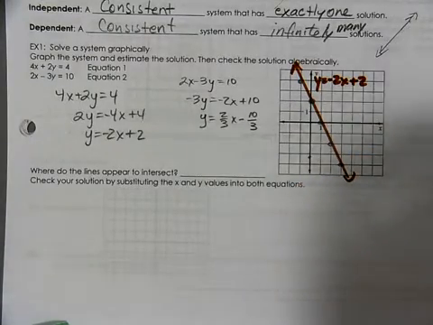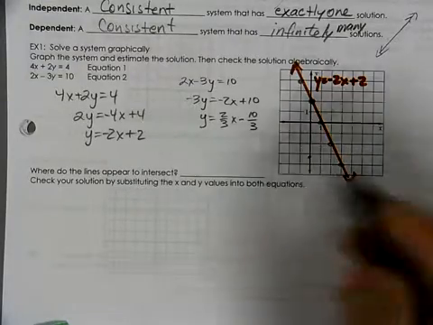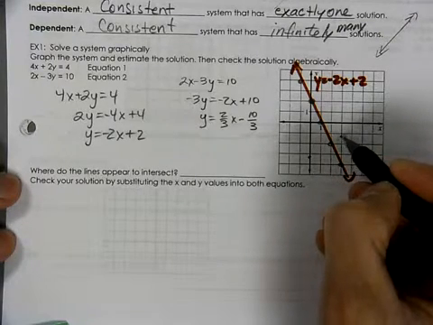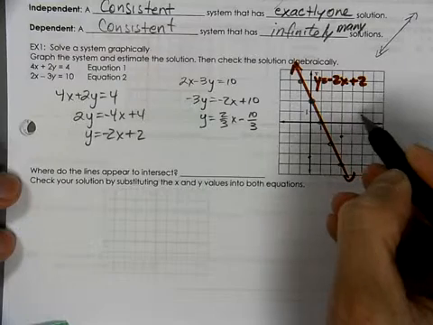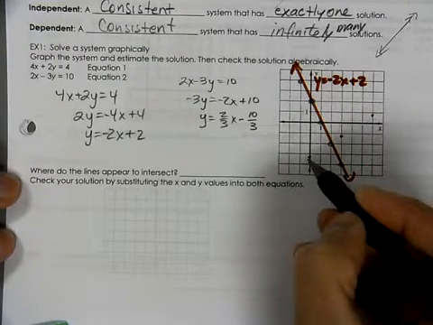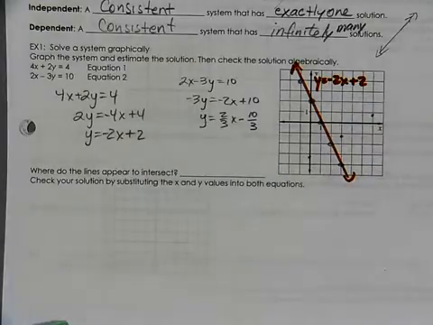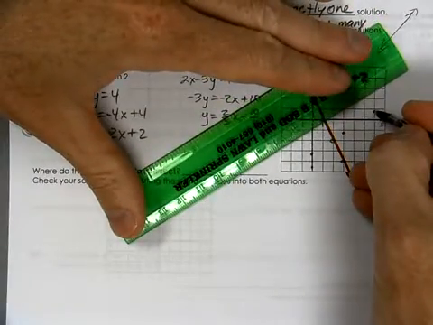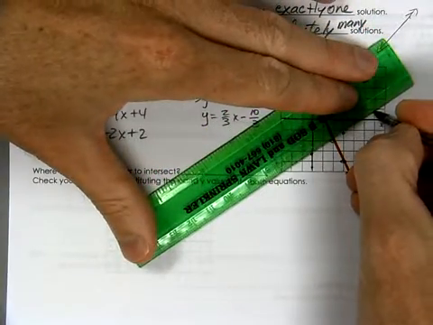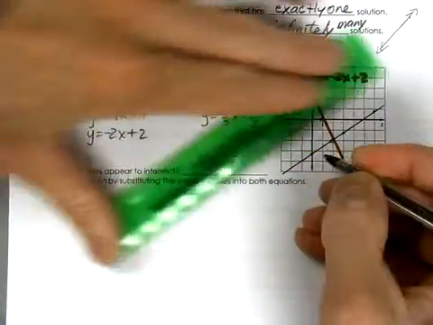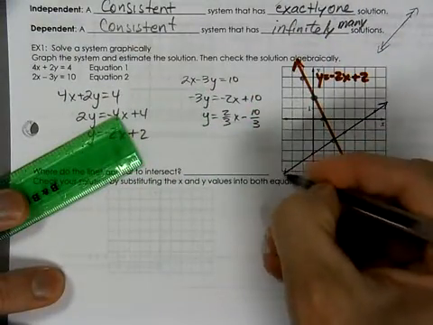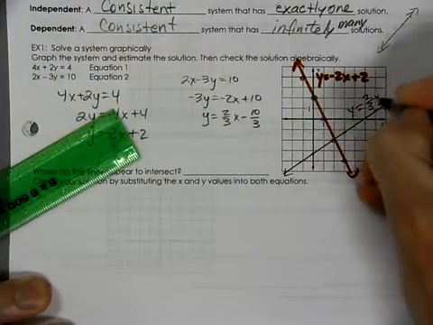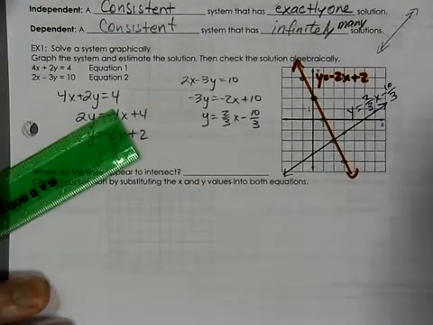Then we're going to have a slope of 2/3. Connect your dots together. Our equation here is y equals 2/3 x minus 10/3.